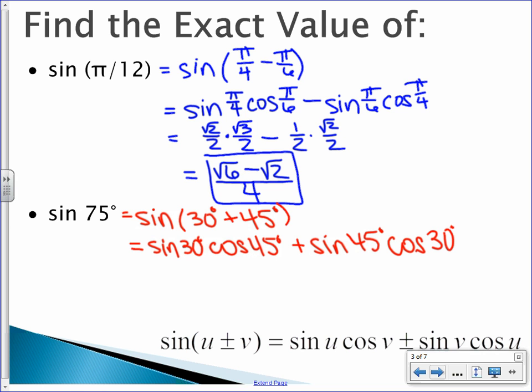Sine of 30, cosine of 45, plus sine of 45. When I say the sine of 45, I want everyone to say radical 2 over 2. Cosine of 30.